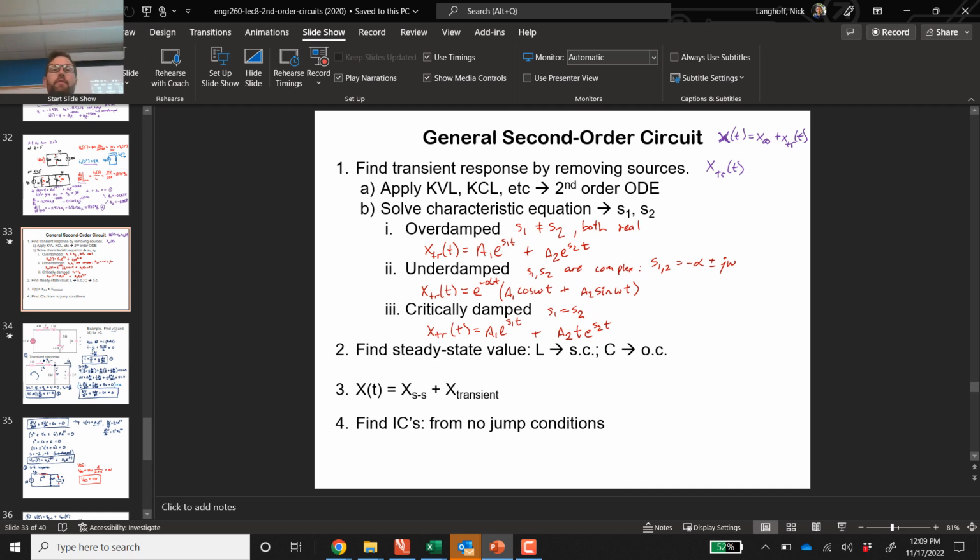You find that transient response first: remove all the sources, apply your KVL, KCL circuit techniques, solve the characteristic equation, look at the kind of roots that you have, and choose what kind of system response you're dealing with. You'll then find the steady state value, express the function as steady state plus the transient, and then you can look for those initial conditions.